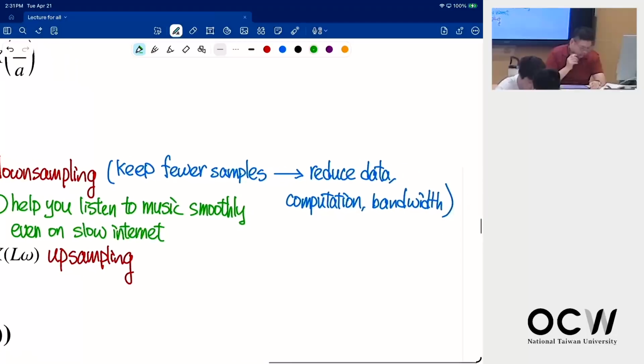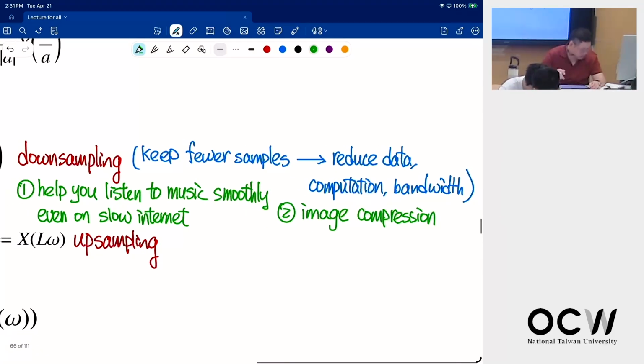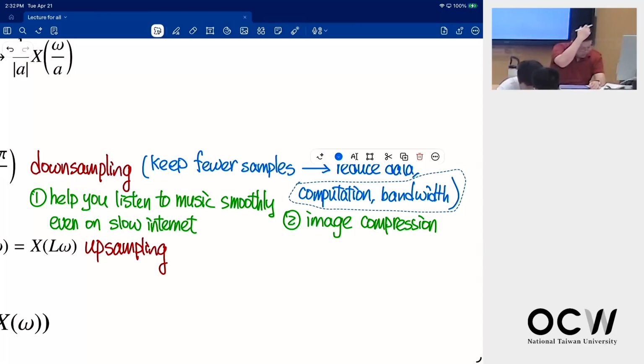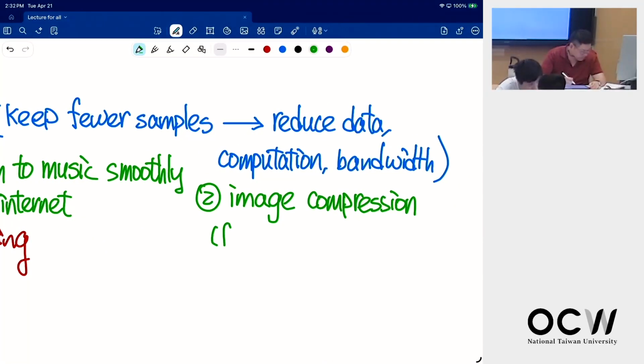And it is compression. So if you do image compression, and you have fewer pixels, actually you are doing downsampling in space.